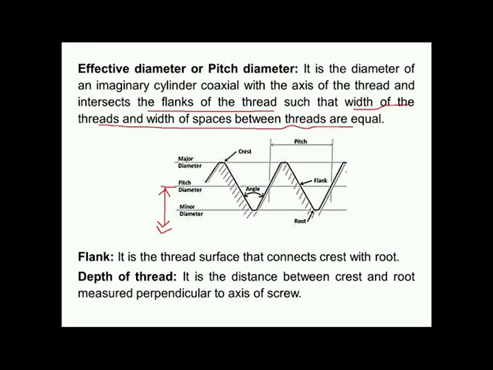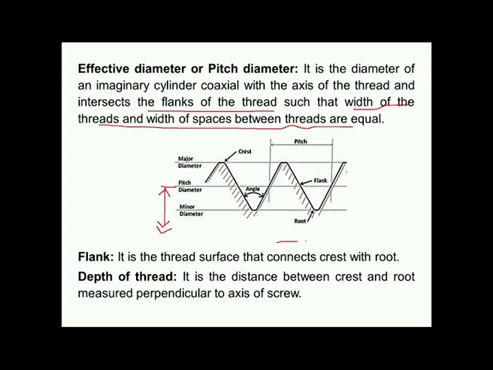Flank is the thread surface that connects crest with root. So, the crest is connected with the root, and this sloping surface is known as flank. Then the depth of thread is the distance between crest and root measured perpendicular to the axis of screw.